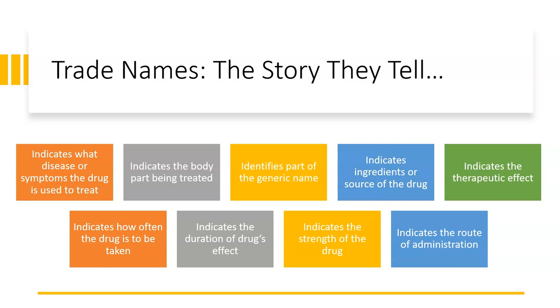Nitroderm, that would be nitroglycerin that's going through the skin. Now, some drugs are going to help identify the generic name. A great example of that is the trade name Cipro, from the generic name ciprofloxacin. So we're seeing that we just took part of the generic name and made that the trade name.